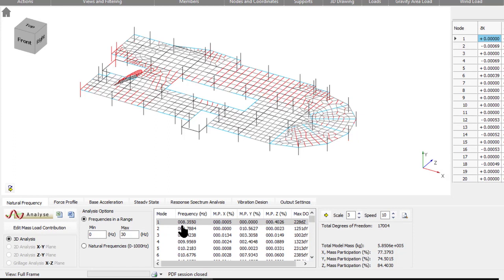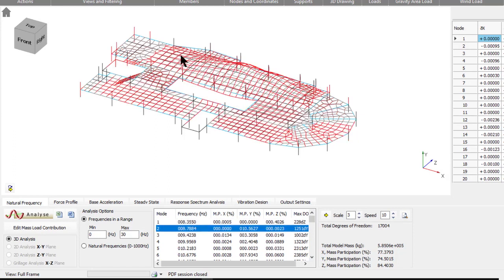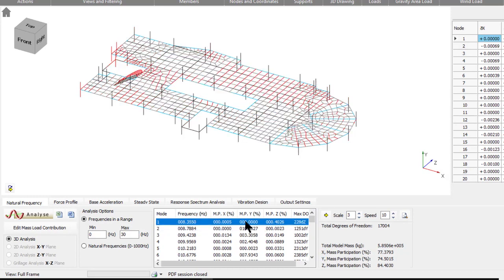The first frequency is down here on the staircase, and then the next one is over here on the floor. But you can also see that the staircase one didn't really have any vertical mass participation, so it's absolutely minuscule and not that significant.